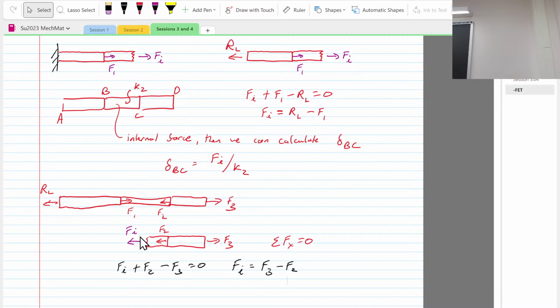So that second and middle member only cares about F3 acting on it. It doesn't care if member 3 has stretched this much or this much. It doesn't care what the spring constant is, because the internal force in the third member will be F3 no matter what the spring constant is. That's right. Okay. Good, good.